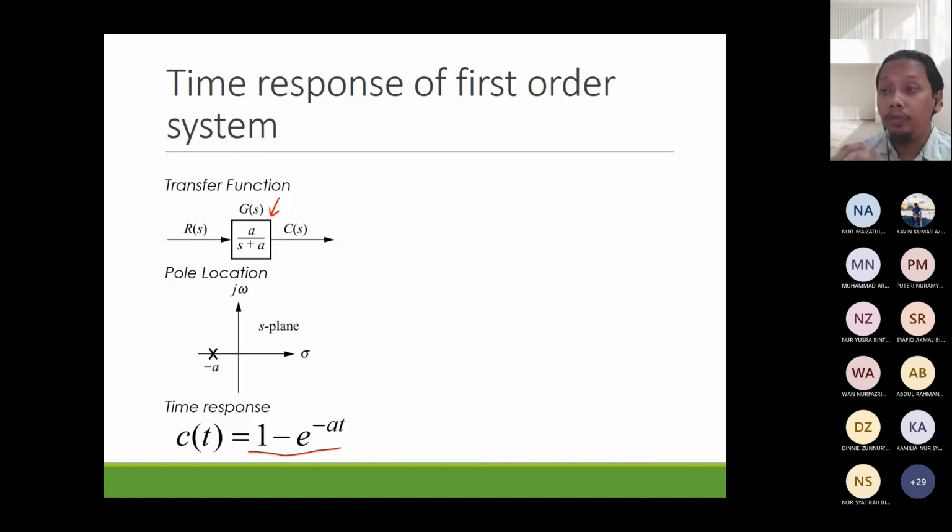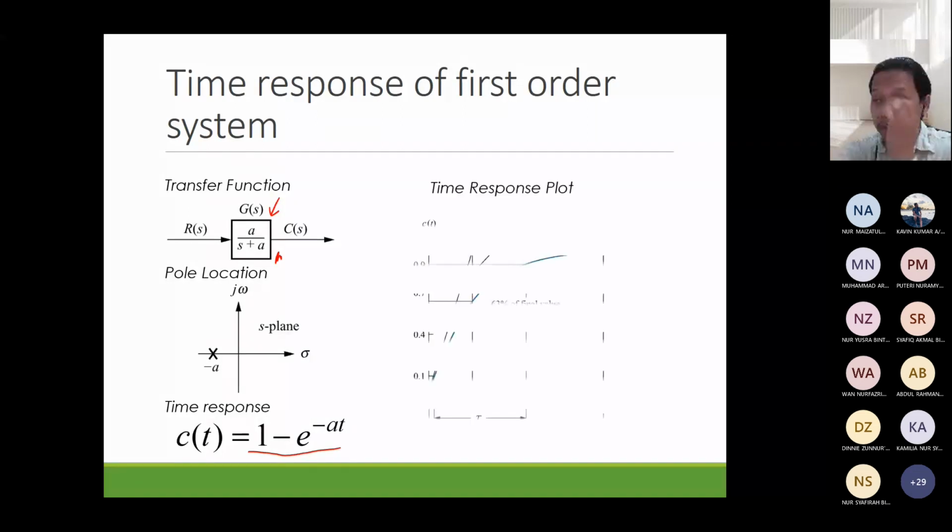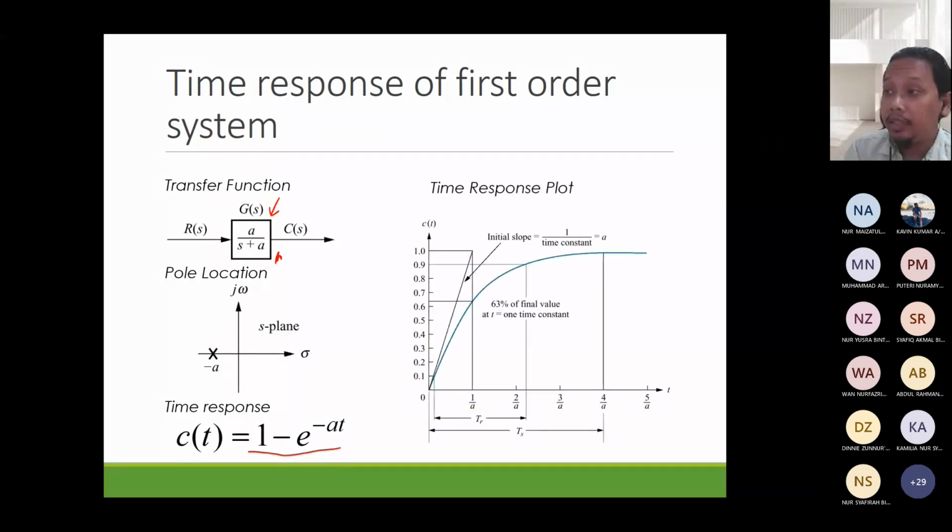You don't have to perform partial fraction expansion, inverse Laplace transform, and so on. If you have this transfer function in this form, then the time response will be 1 minus e to the minus at. Then the response plot will be as in this figure here. So this is the general formula for a first order system. Okay, so just memorize it.